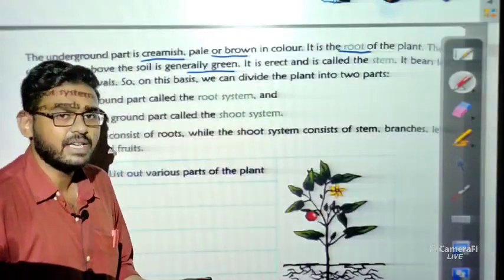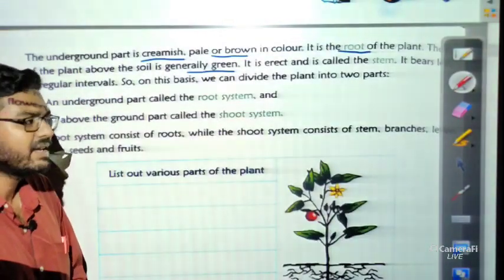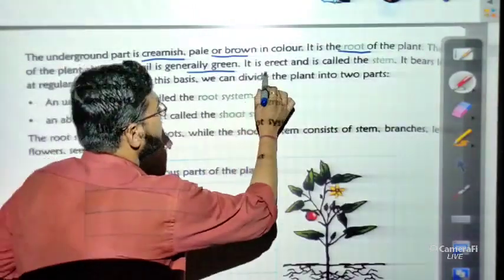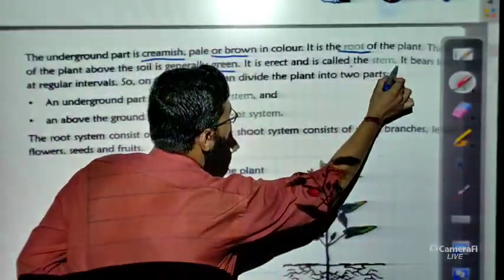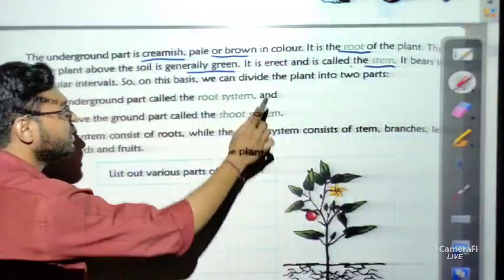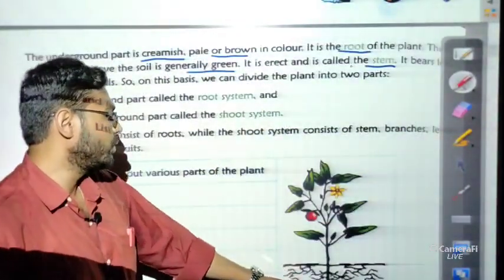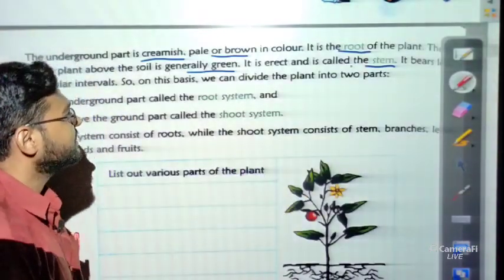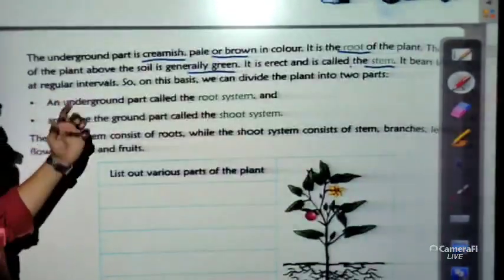It is erect and called the stem. So the lower part, students, we call the root. That means the underground part we call the root and the above-ground part we call the stem. It bears leaves at regular intervals.